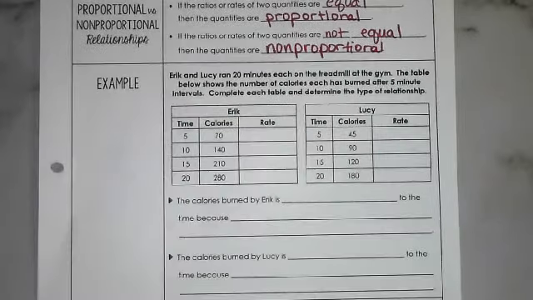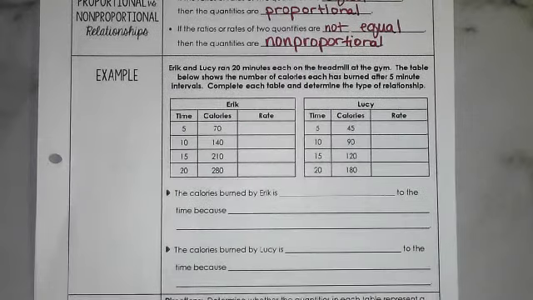Okay, for example, Eric and Lucy ran 20 minutes each on the treadmill at the gym. The table below shows the number of calories each has burned after 5-minute intervals. Complete each table to determine the type of relationship.